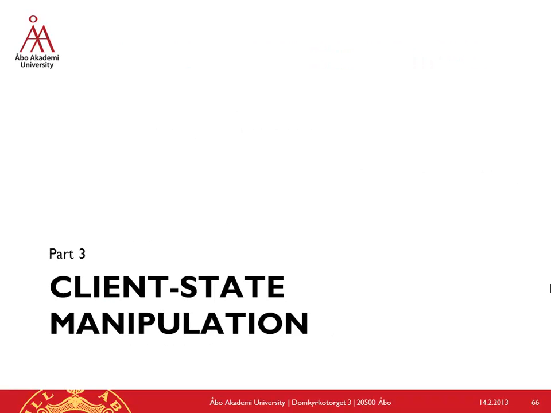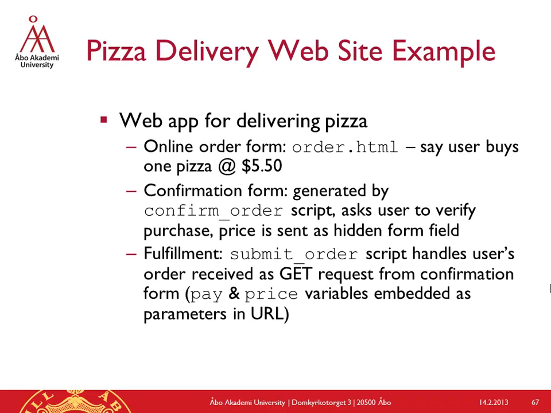Now we finally came to some issues of web applications in particular, and let's go through these security issues. We start with client-state manipulation. So what exactly is a client state?